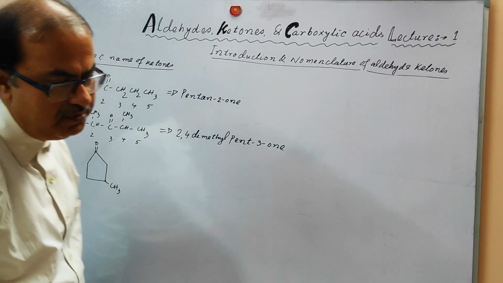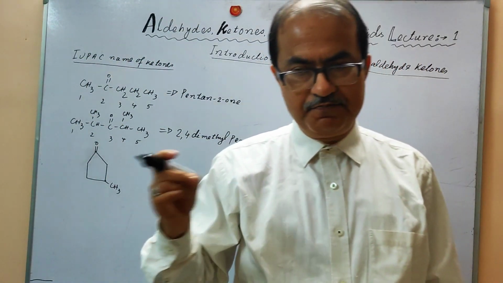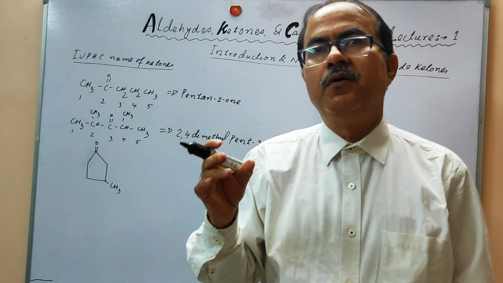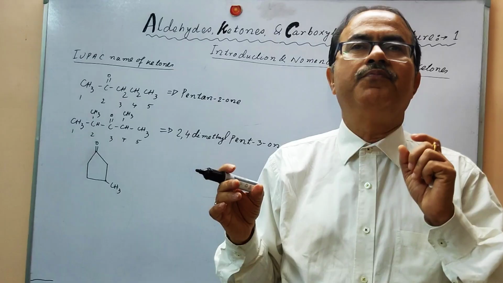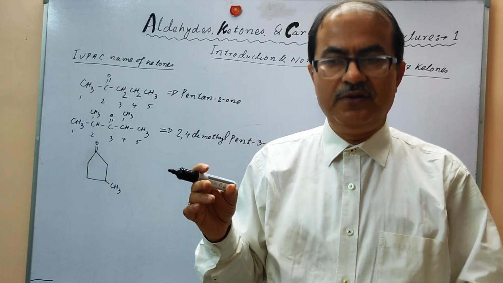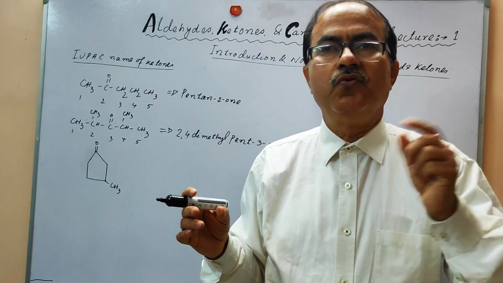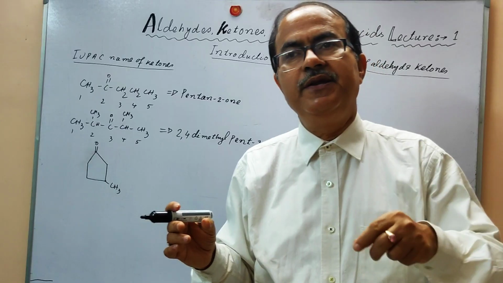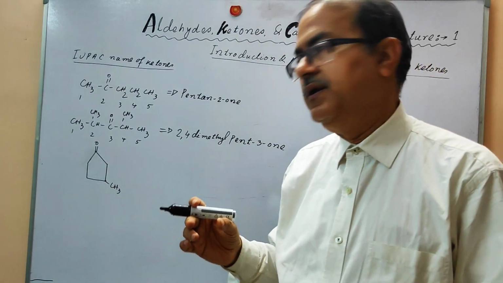For the cyclic ketone, the same thing applies as for the aldehyde, that we have to write the full name of the alkane excluding the E, that is cyclohexane, cyclopentane, and at the last we have to give the ONE.